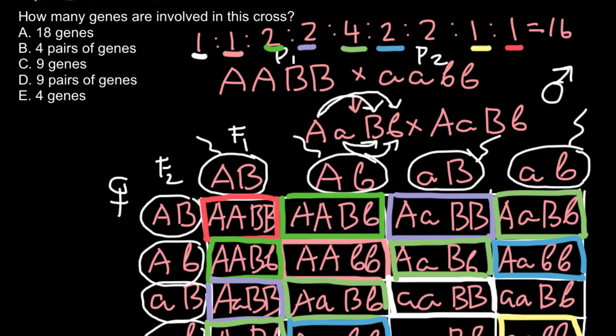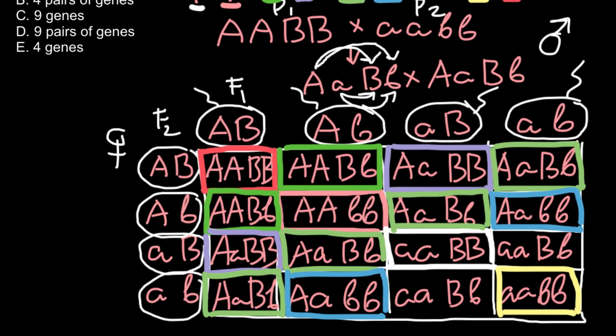So we underline this 2. And the last one also has to be repeated twice, and this is going to be this genotype here. As you see, the same genotype, small a, capital B, small a, and capital B, small b.